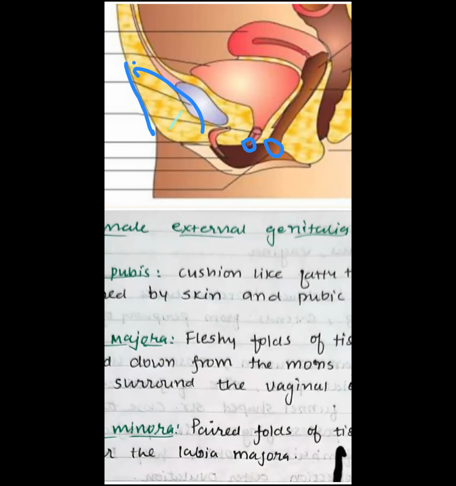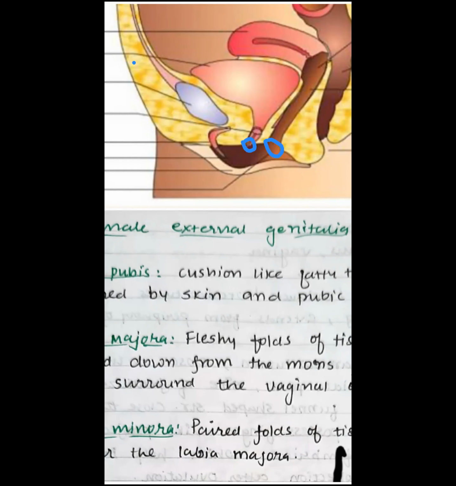Then come the labia majora and labia minora. Basically, these are the folds which cover the two openings, the urethral opening and the vaginal opening. Labia means lips, so their shape is like lips. Majora means larger and minora means smaller.